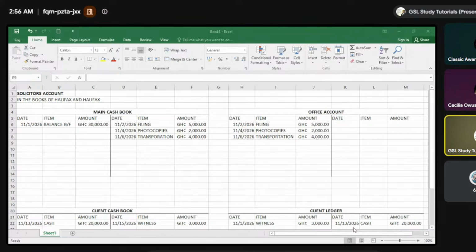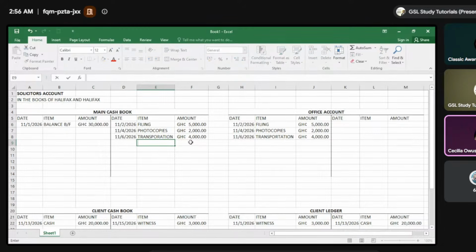So now let's come. Cecilia, help me understand this. What is going to be the figure for the hotel? He paid 1,500 for hotel, but he went 4 times, so I will multiply. Brilliant.